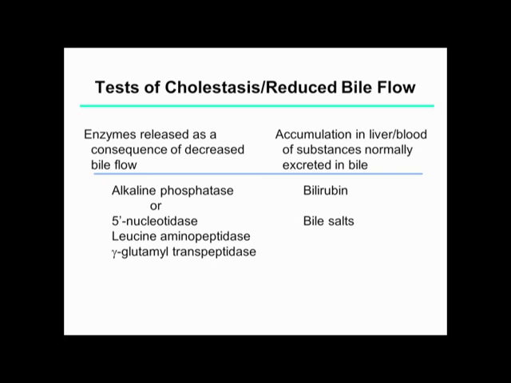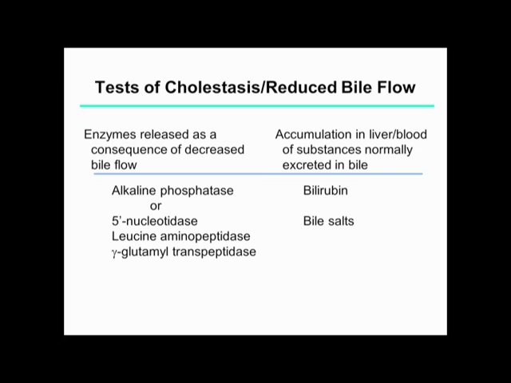I'm now going to switch to problems with bile flow because there are diseases that primarily or predominantly affect bile formation and flow before they affect all the liver cells. Those are called the cholestatic diseases. And the enzymes that really go up with this is one called alkaline phosphatase and some related enzymes, and I'll show you why.